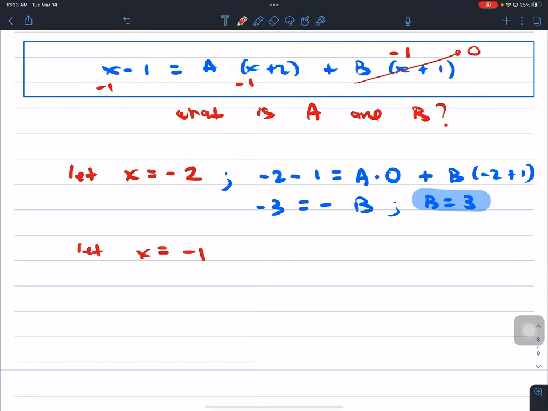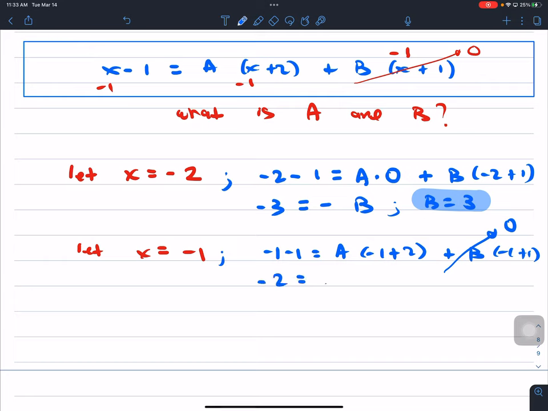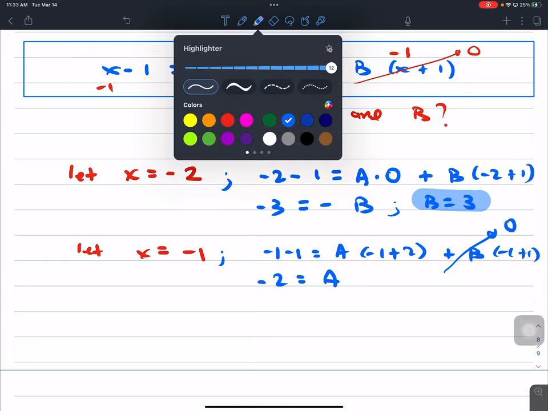Let x be negative 1. When x is negative 1, here's what you get. Negative 1 minus 1 equals A times (negative 1 plus 2) plus B times (negative 1 plus 1). And that's going to be the 0 term now. So negative 2 is going to be what? A. Is that right? Double check. Is that true?